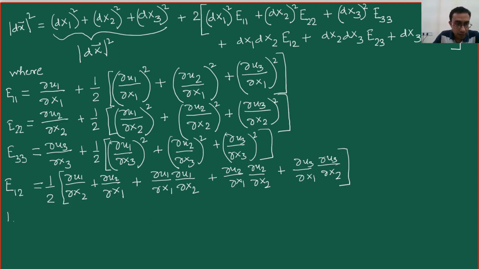similarly for E23, we have the cross between 2 and 3, so del u2 del x3 plus del u3 del x2, and the rest of the terms can be easily written down as before.